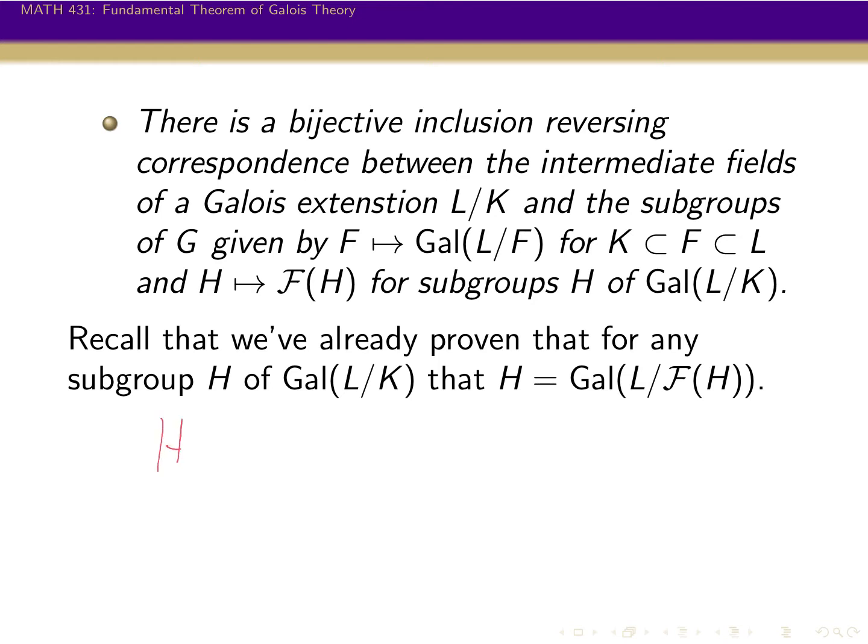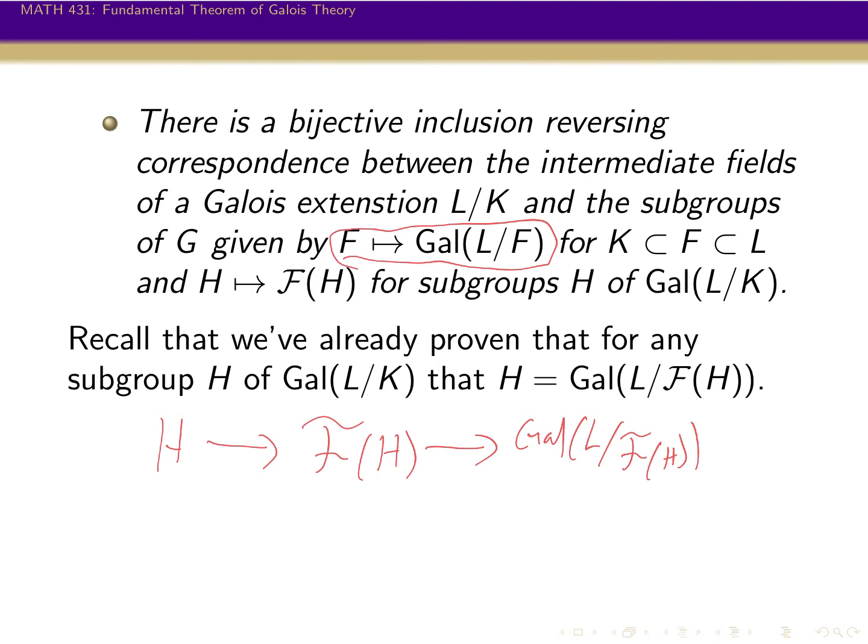Well, H is going to get mapped to the fixed field of H. And then that fixed field, when it gets mapped back going the other way, is going to go to the Galois group of L over F of H by this correspondence. And then this gives us back H again.